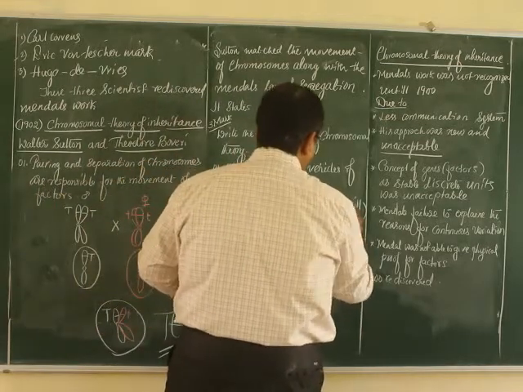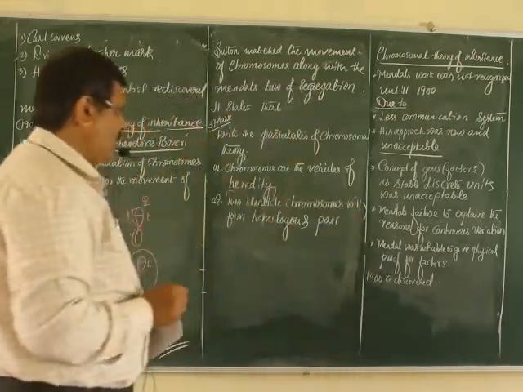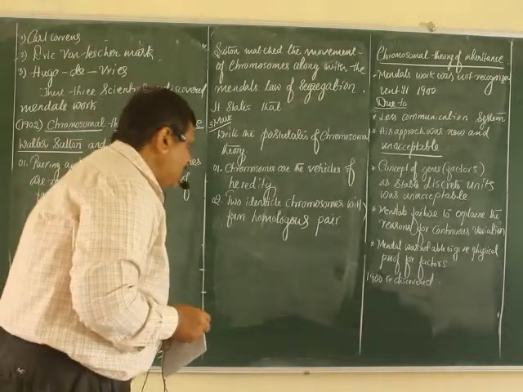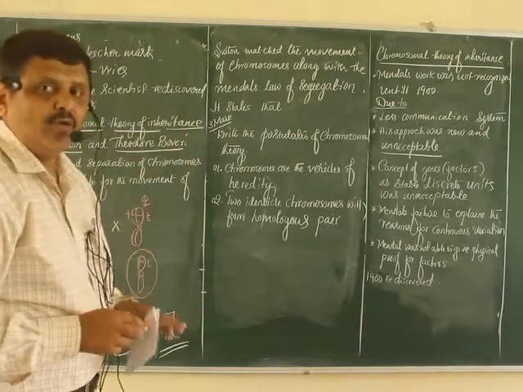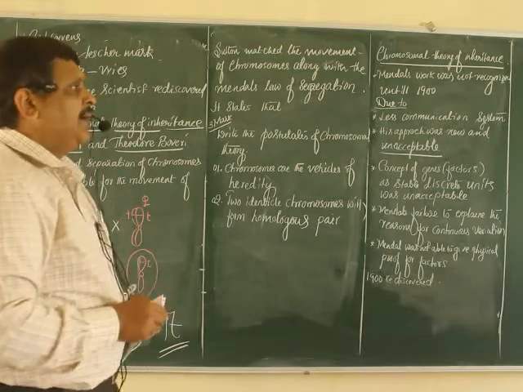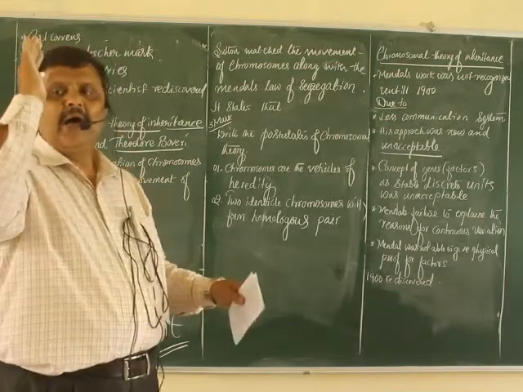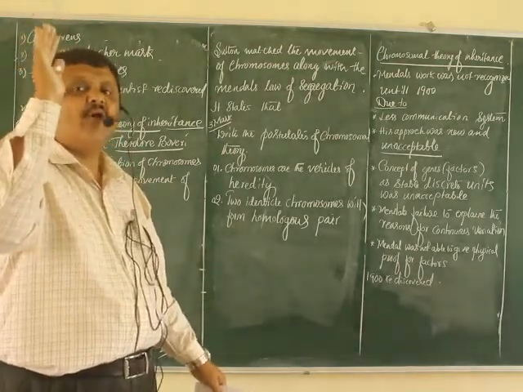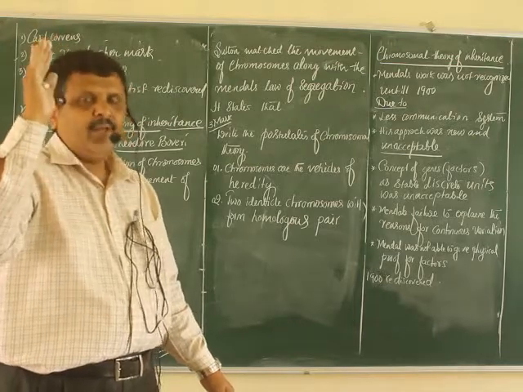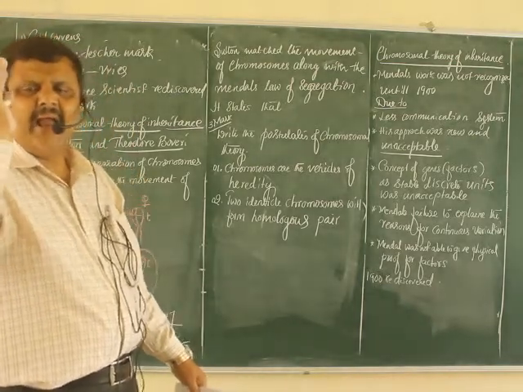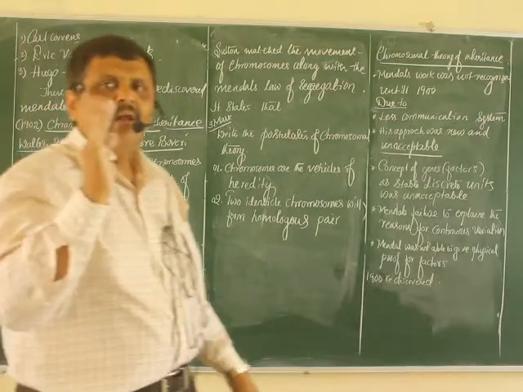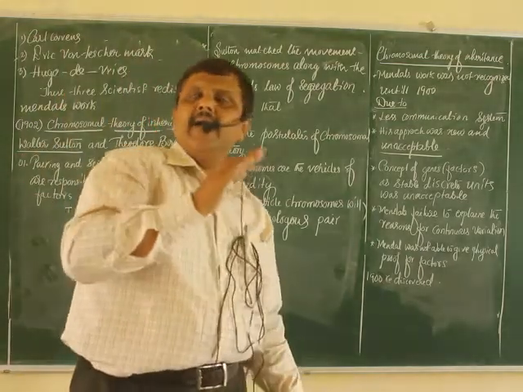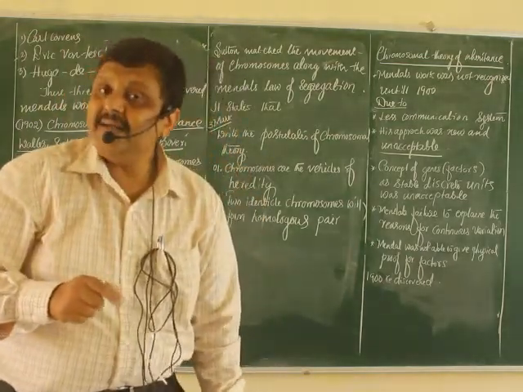Here there may be a doubt while watching this video class: what is homologous? If you keep this hand in front of a mirror, the exact same picture will be there in the mirror. So that is called homologous.